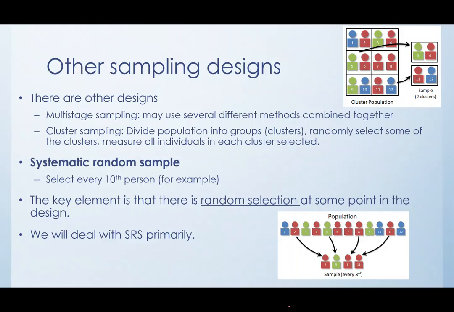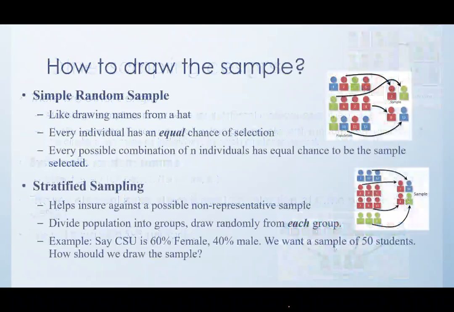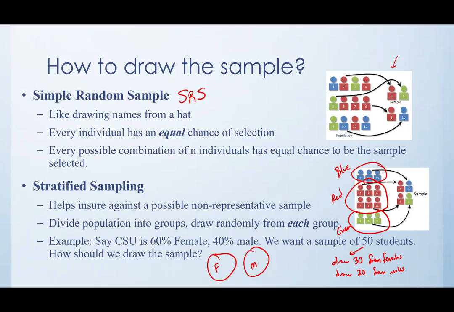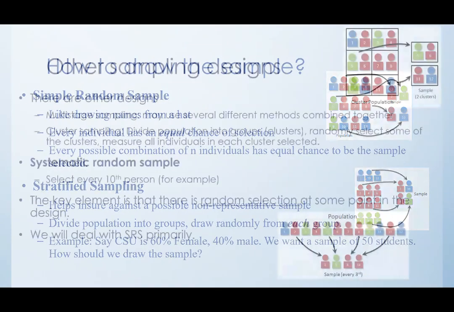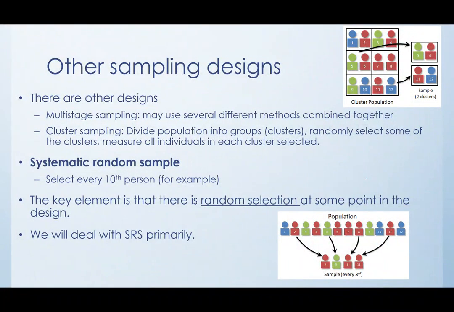Cluster sampling sounds a lot like stratified random sampling, but with stratified sampling, you're dividing into groups that are the same within each group: all women, all men, all blue people, all red people, all green people. With cluster samples, you're dividing the population into groups, but they're not necessarily homogeneous. You're dividing them into groups that are now called clusters instead of strata, and you're randomly selecting some of the clusters and pulling everybody from that cluster.